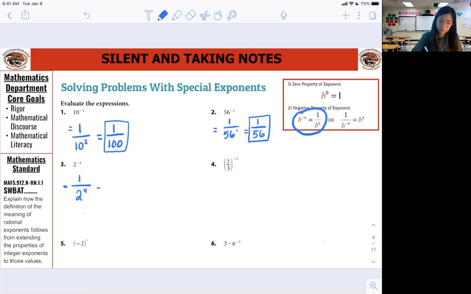We're not doing 2 times 4. We're doing 2 times 2 times 2 times 2. 2 times 2 is 4, times 2 is 8, times 2 is 16. Questions on that so far? 1 over 16.